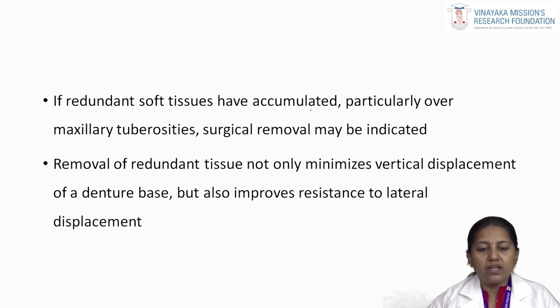For example, if redundant tissues have accumulated, say in the maxillary tuberosities, you have to surgically remove them. The removal of the redundant tissue not only minimizes the vertical displacement of a denture base, but also improves the resistance to lateral displacement.